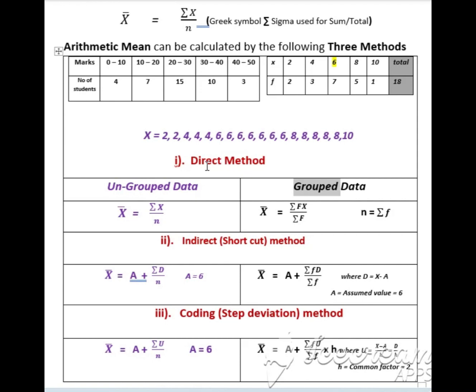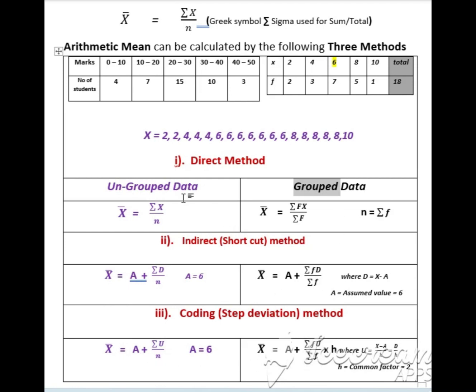So each method has one formula for ungrouped data and a second formula for group data.